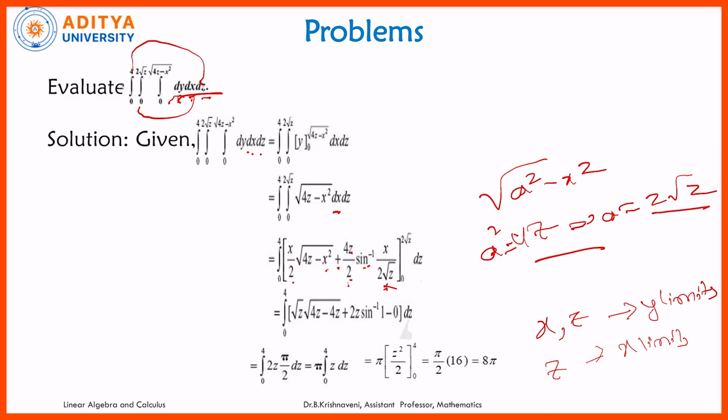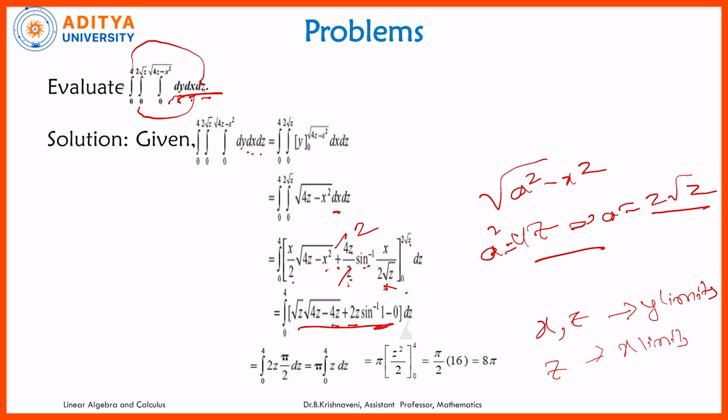Now what are the limits of x? 0 to 2 root z. Substitute the limits now. X by 2, that is x equal to 2 root z, upper limit, that is 2 root z by 2, the 2 cancels, root z into square root of 4z minus x square, where 2 root z whole square is 4z, plus 4z by 2, which gives 2z, sine inverse of x by a, 2 root z by 2 root z, that is 1, upper limit.